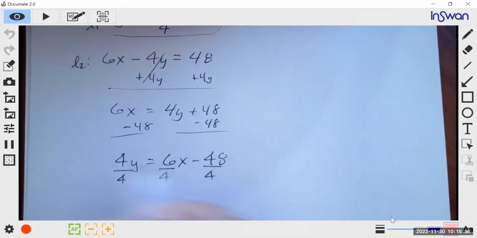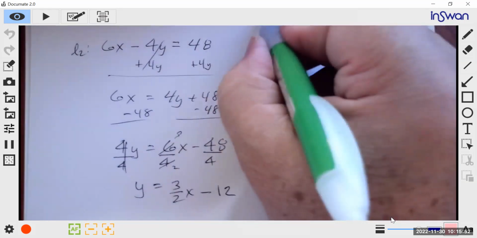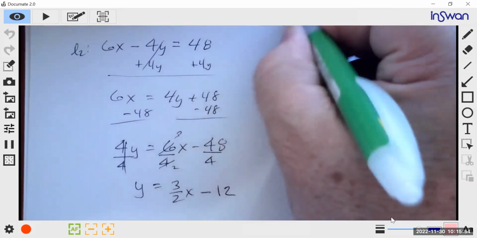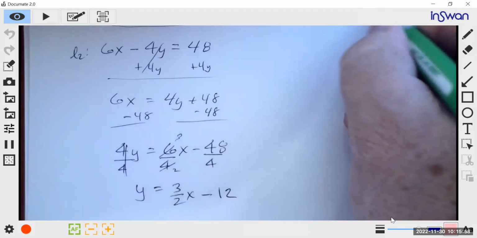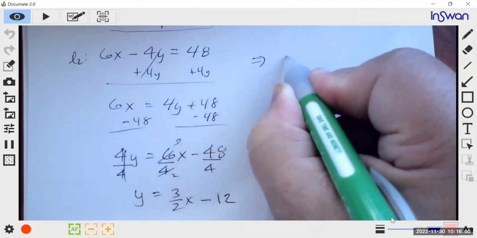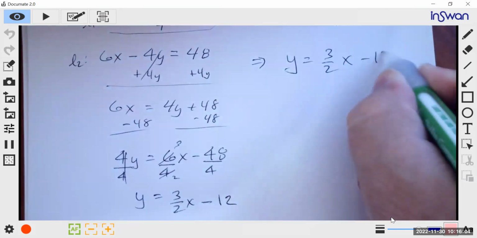Divide by 4. 2 goes into 6 three times, so y equals 3 over 2 x minus 12. y equals 3 over 2 x minus 12.